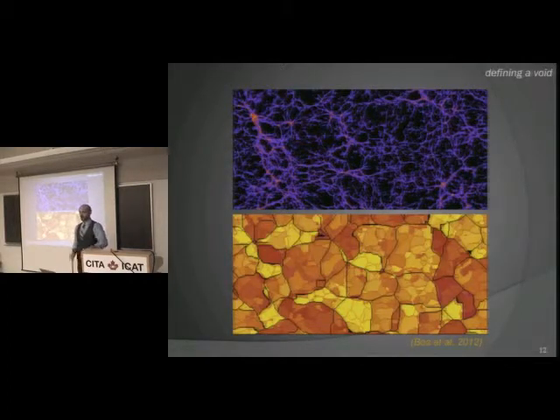So when you say 6 megaparsec voids, you fill it with water until the average void size is 6 megaparsecs, and there's a ridgeline. And I fill it with water, and eventually there may be two 6 megaparsec voids that are right next to each other, say this one and this one.